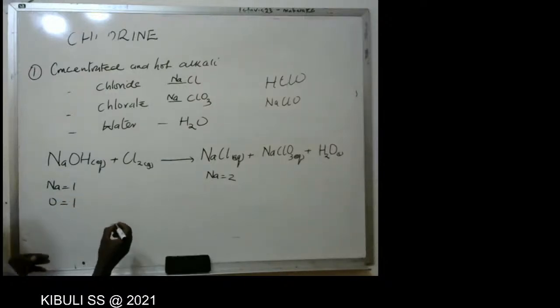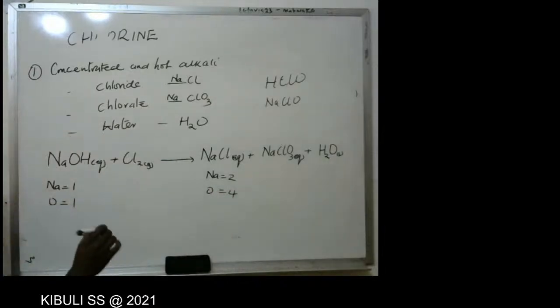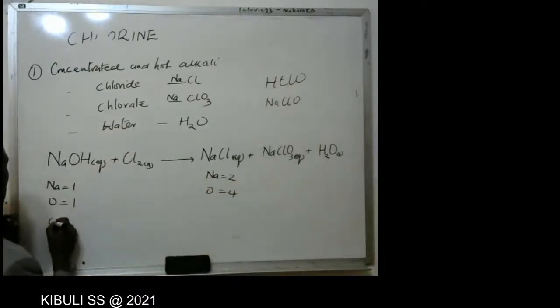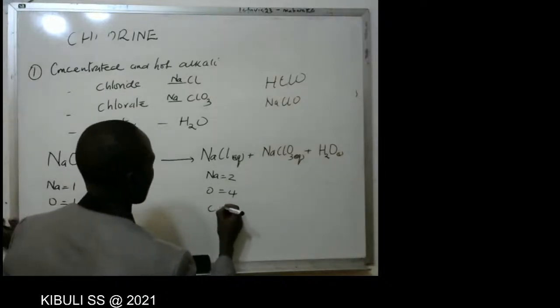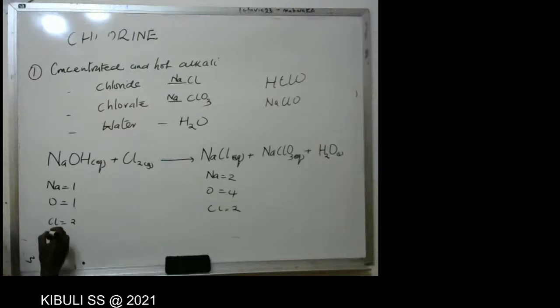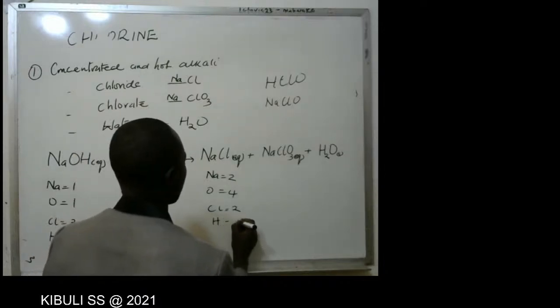Oxygens the other side are how many? 4. There is a big problem now. Now let us check chlorines. There are 2, and the chlorines on this side are also 2. Hydrogen this way is 1 and hydrogen this way is 2.